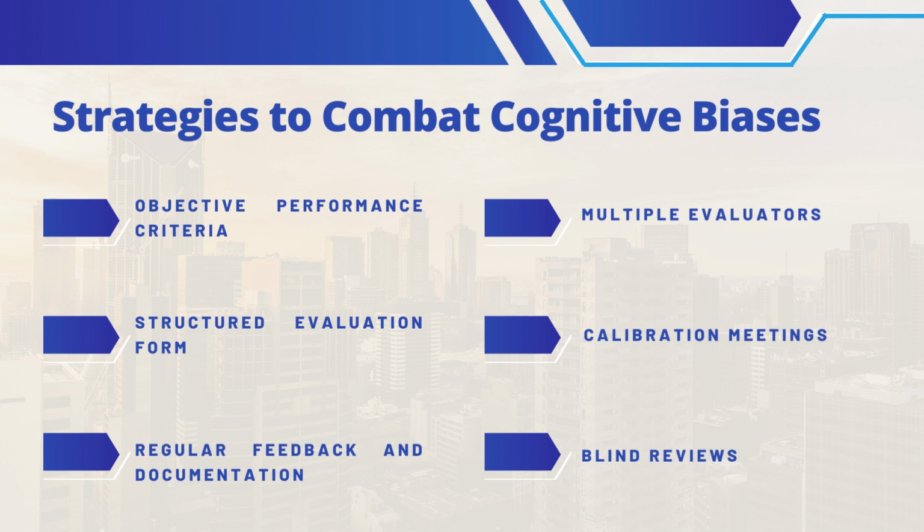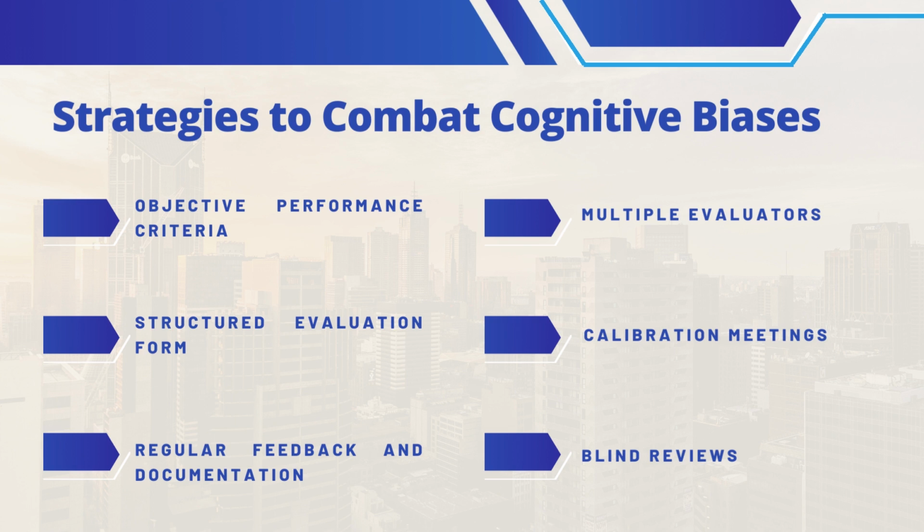And then blind reviews. As much as possible, consider incorporating blind reviews in which evaluators don't know the identity of the individual they're rating. This can help eliminate potential biases based on personal knowledge or perception.